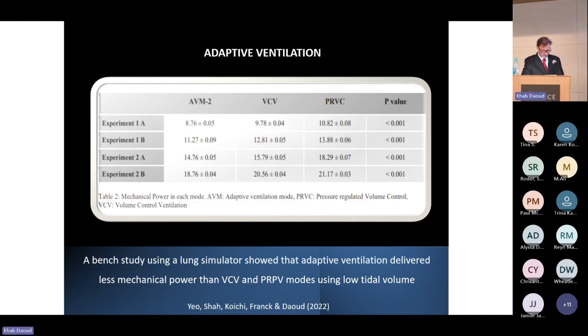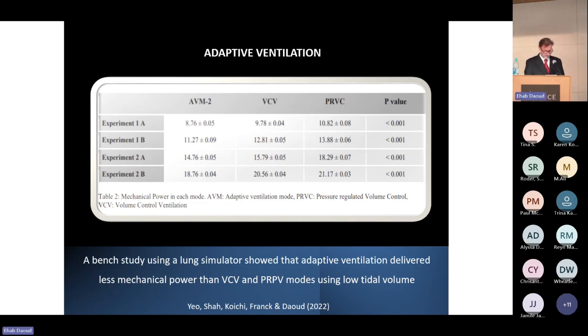Importantly, using esophageal pressure as an estimate of the change in pleural pressure, it's possible to quantify the proportion of the total mechanical power which is delivered to the lung, essential information for critical patients with different chest wall elastance.